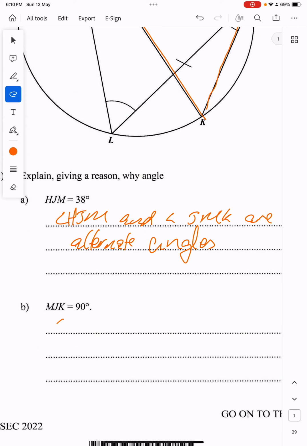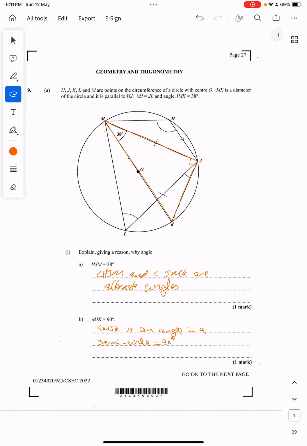So angle MGK is an angle in a semicircle, which is 90 degrees. All right, so that's that. Let's clear that up and let us continue.